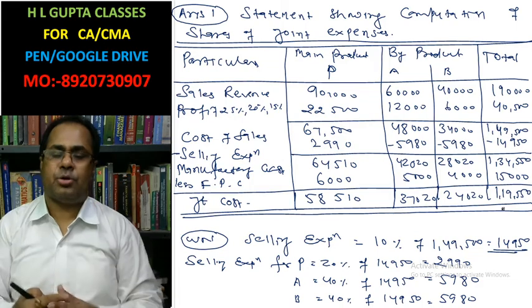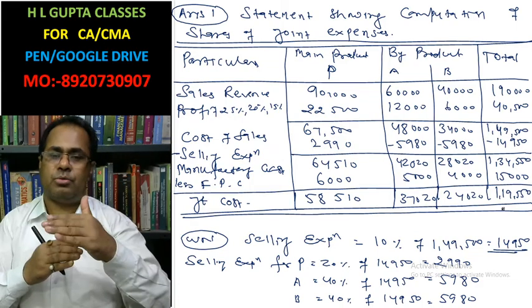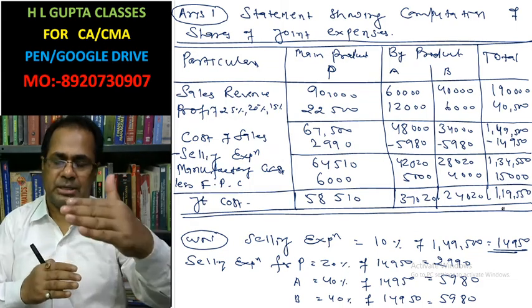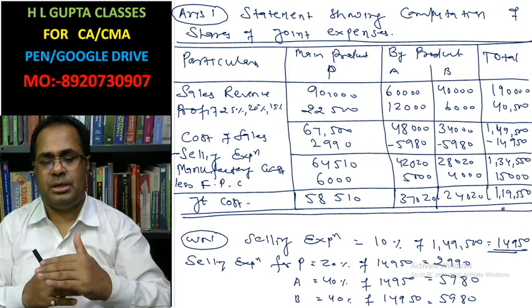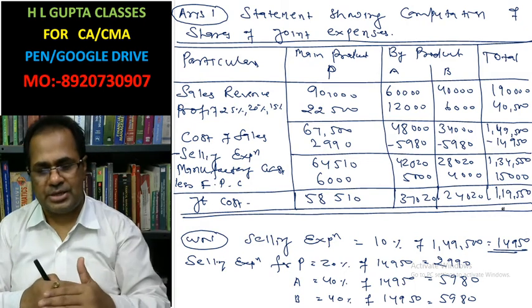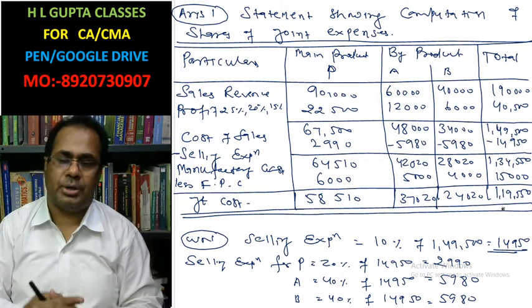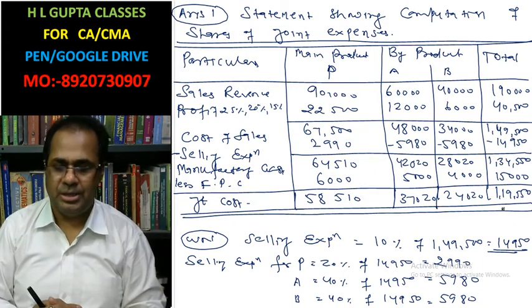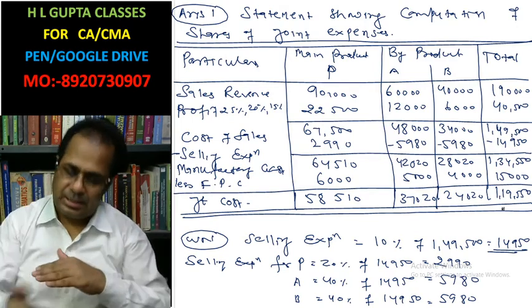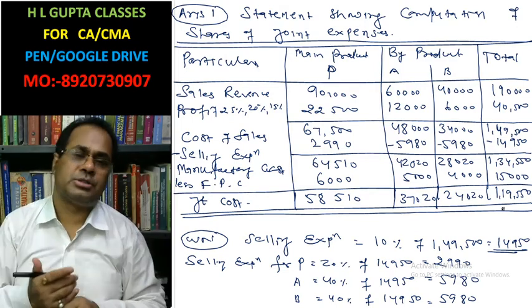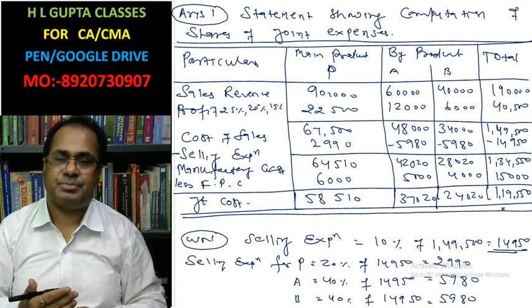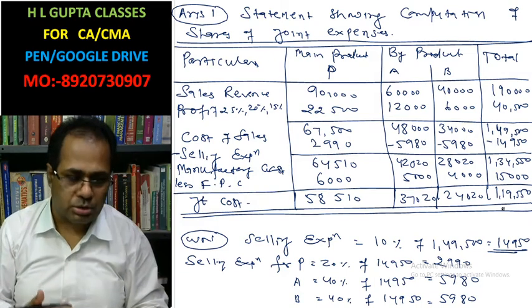This is said to be the cost reversal method. First you have to calculate profit, then sales minus profit gives the cost of sale, then subtract selling expenses, manufacturing cost and further process cost. After subtracting, the joint cost will come. Now reverse: from sales you subtract all these costs, then the initial expenditure, that is the joint cost, will come.